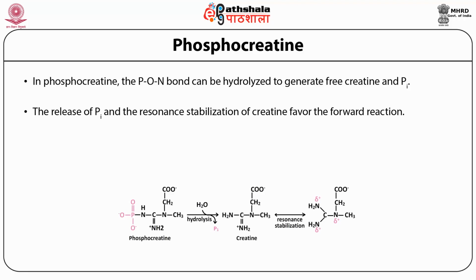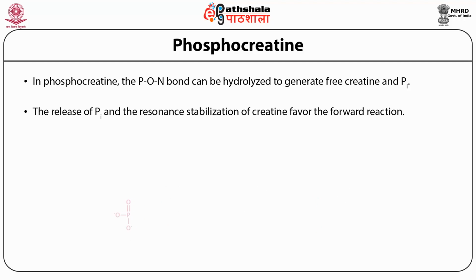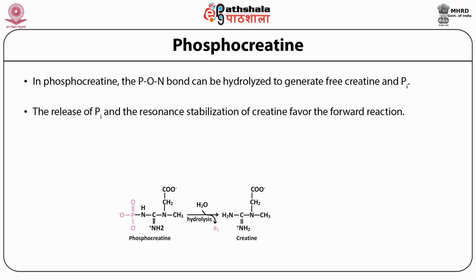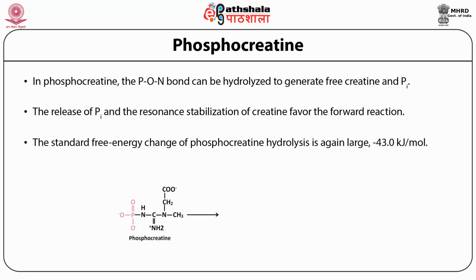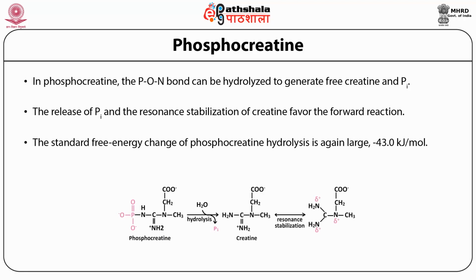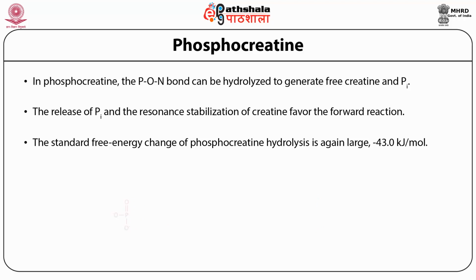In other words, phosphocreatine produces creatine and phosphate. It is well known that phosphate undergoes resonance stabilization, but here the second product, creatine, also undergoes resonance stability. So both the products are resonance stabilized. Therefore, the free energy change for phosphocreatine hydrolysis is large and negative, minus 43 kilojoule per mole.